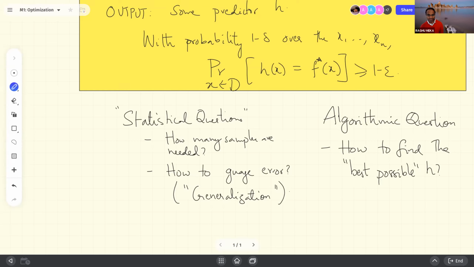Can I now go and find this edge? So for the most part, in this course, we'll focus on these algorithmic questions. Okay, is the divide clear at a high level?